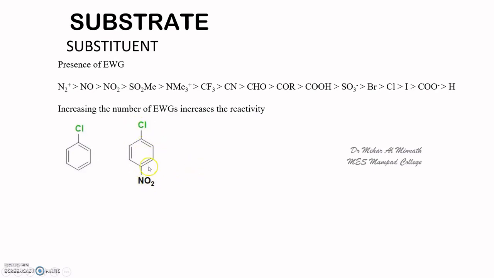Now here you have para-nitrochlorobenzene, then ortho-para-dinitrochlorobenzene, then you have picryl chloride. So the two ortho positions and the para position each have an electron withdrawing NO2 group on them, and so this will be highly reactive.